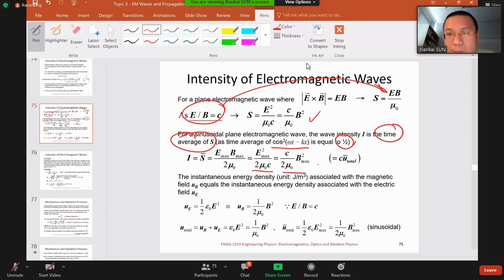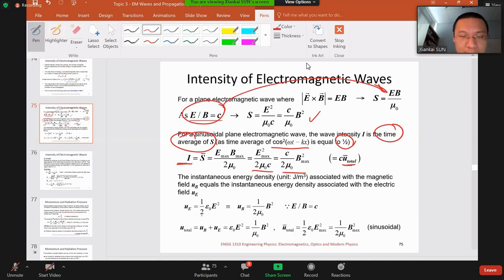At the same time, U total is the instantaneous energy density. This energy density times the velocity of the wave propagation is equal to the intensity I. So the instantaneous energy density should be equal to I over C, right? I over C.